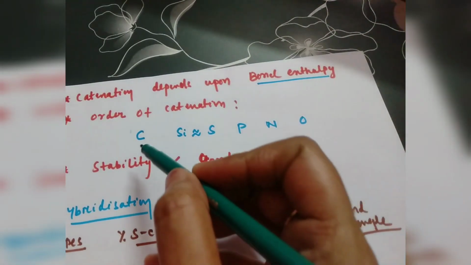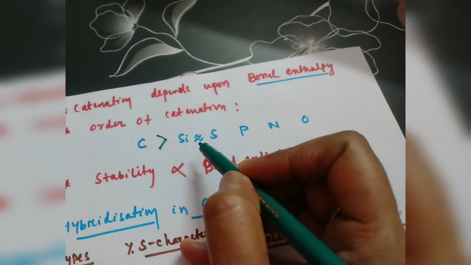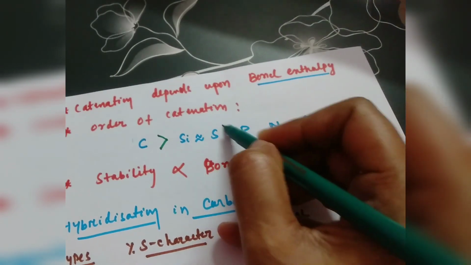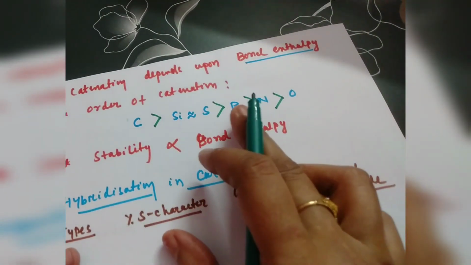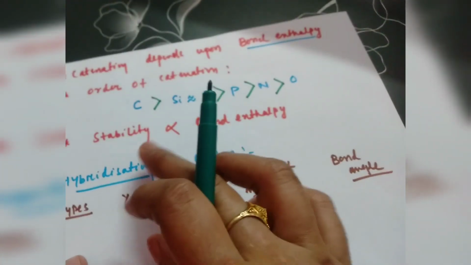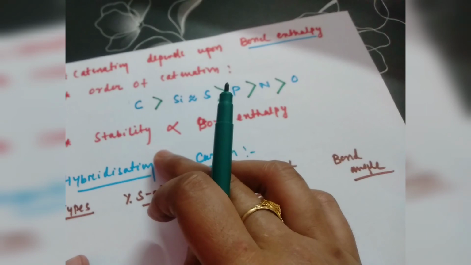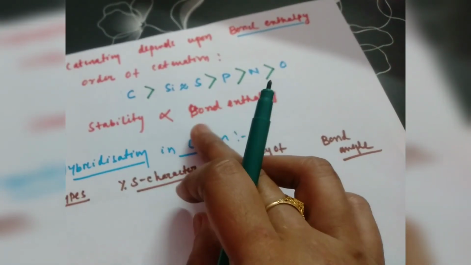Carbon is the maximum, then silicon and sulfur are nearly the same, then phosphorus, then nitrogen, then oxygen. So this is the order of catenation. Greater the bond enthalpy of an element, greater is the stability of the compound of that element. So this is the direct relationship of bond enthalpy with stability.